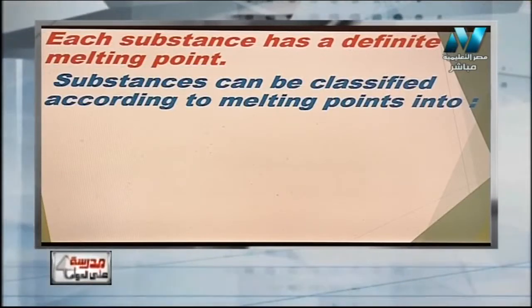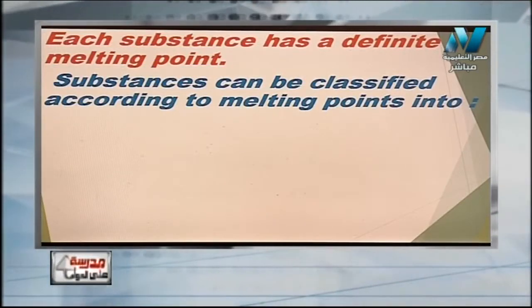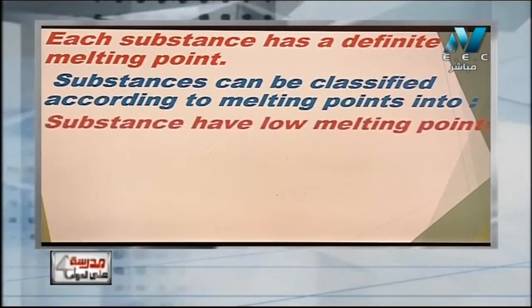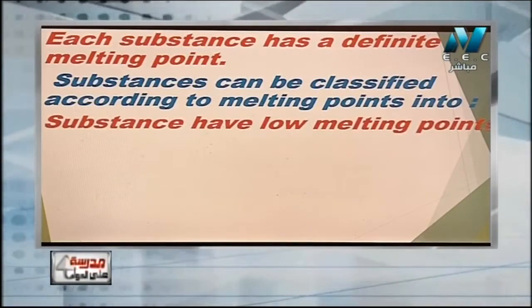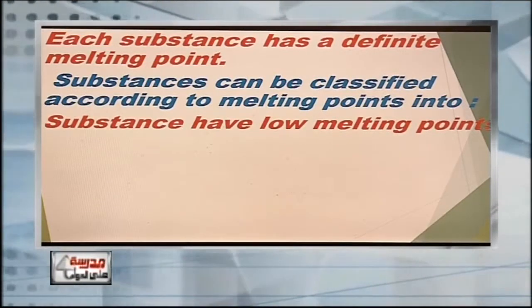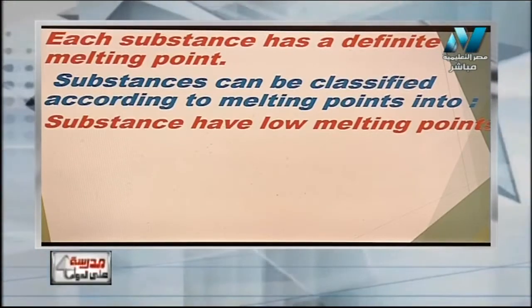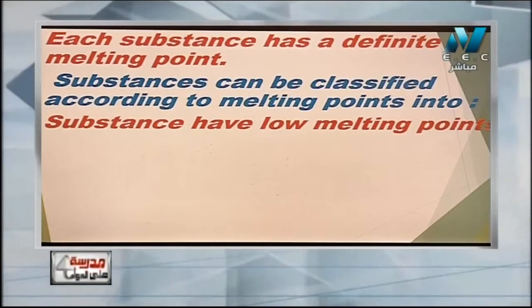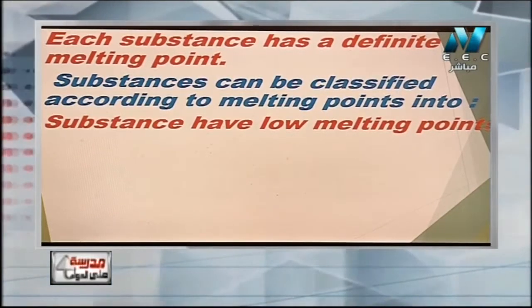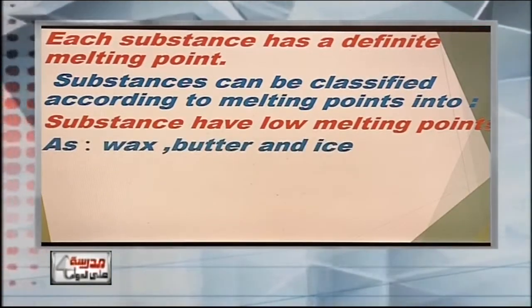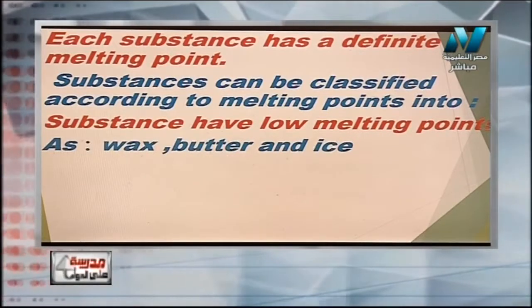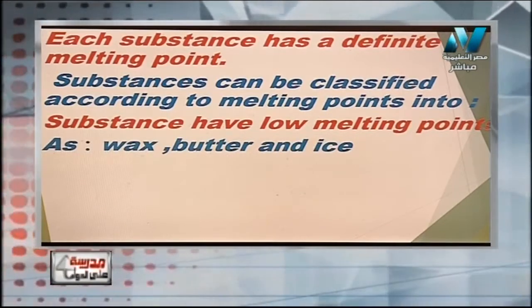Substances can be classified according to melting point into: number 1, substances that have low melting point. Not all substances have the same melting point. We have some substances having low melting points, such as wax, butter, and ice.